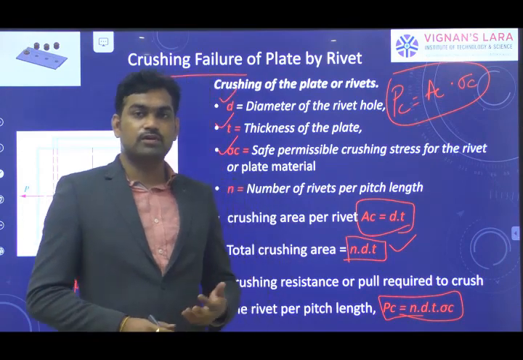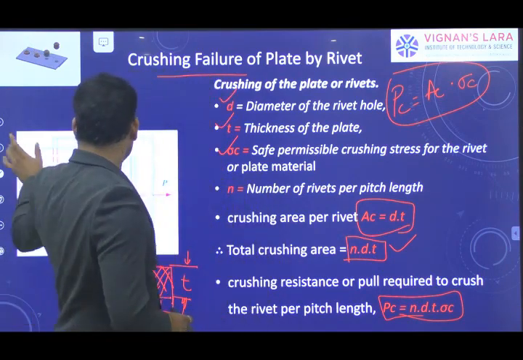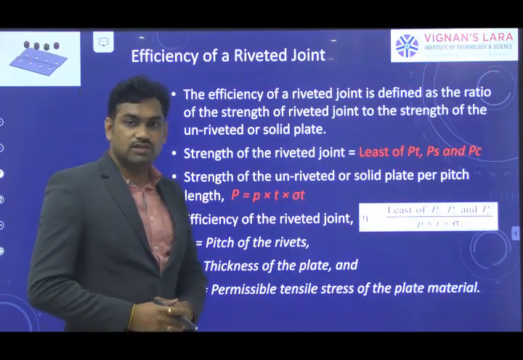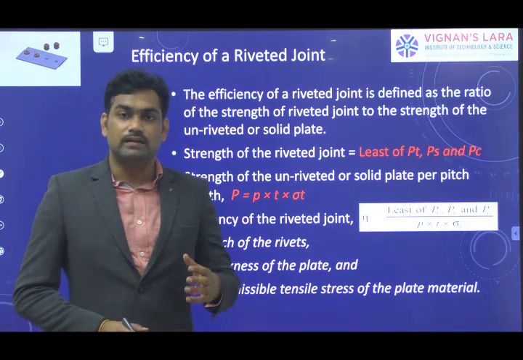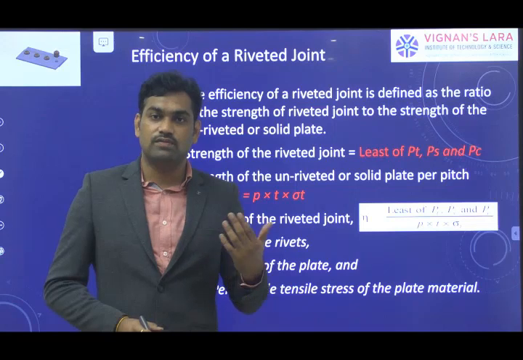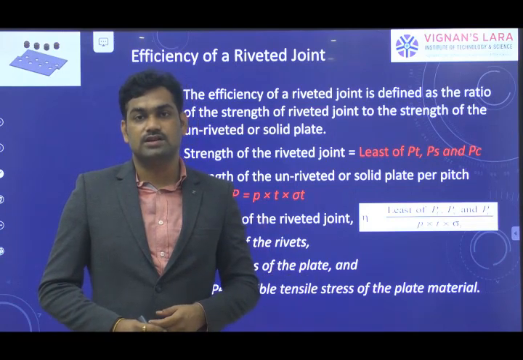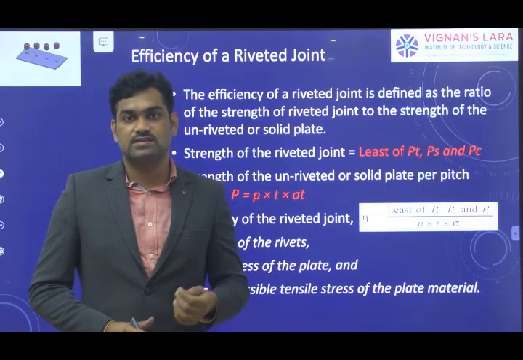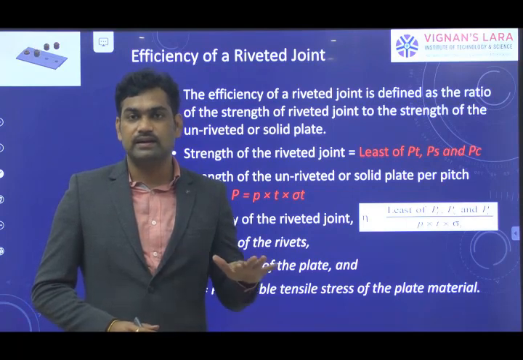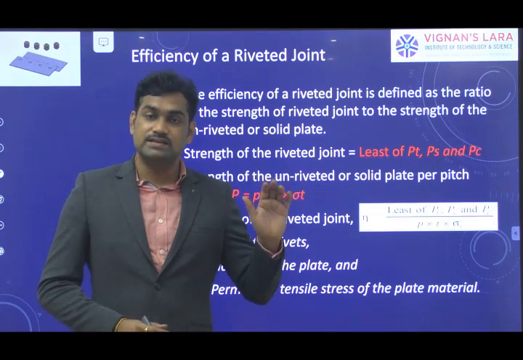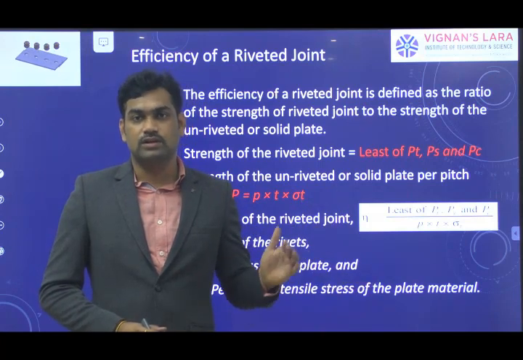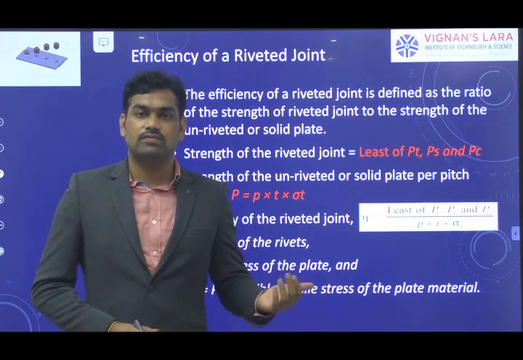And coming to the efficiency of the joint, the efficiency of the joint can be found by the ratio of the least strength of the riveted plate to the strength of the unriveted plate, that is the tensile strength of the unriveted plate. It is clearly defined as the ratio of the least strength of the riveted plate to the tensile strength of the unriveted plate.